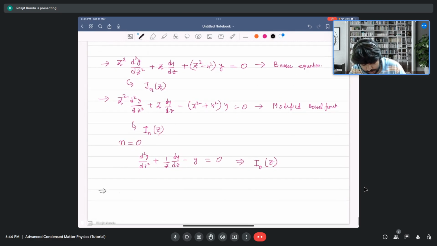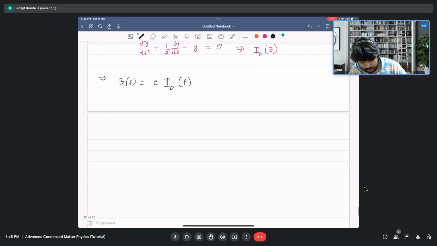The solution is given in terms of some constant times this Bessel function of rho. The task at hand is to find the constant itself. To find that constant we will take help of the boundary condition. The boundary condition is at distance r, just outside the cylinder, given by some constant.